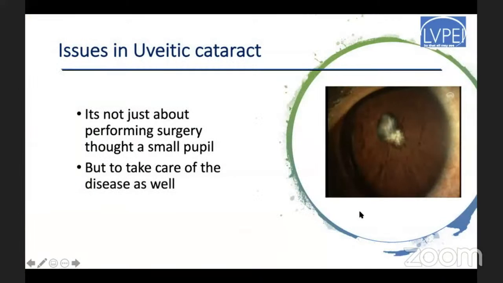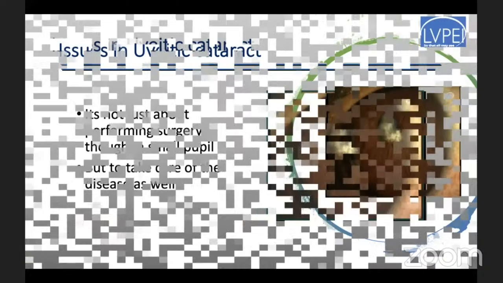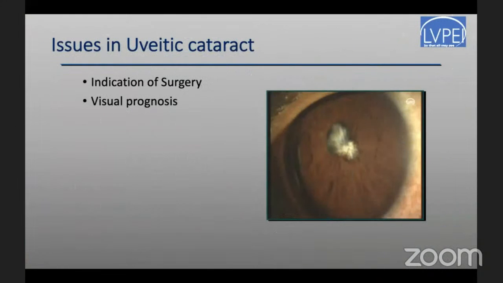So what are the issues in uveitic cataract? It's not really just about performing surgery through a small pupil, but we must also remember that the patient has a disease which we need to take care of. So the first and second aspects that I need to look at are the indication for surgery and the visual prognosis.